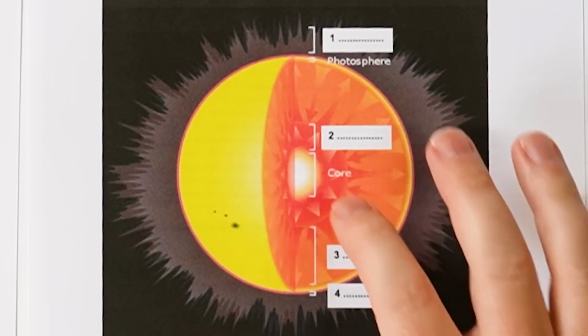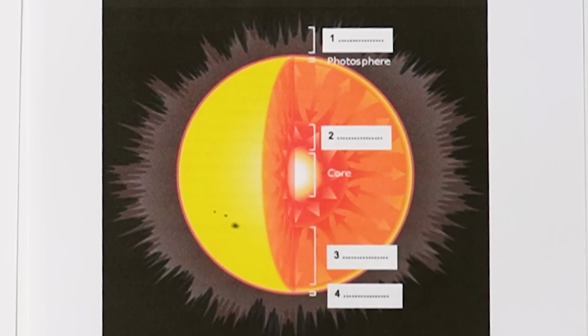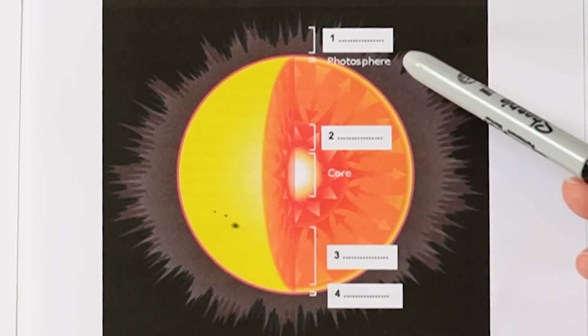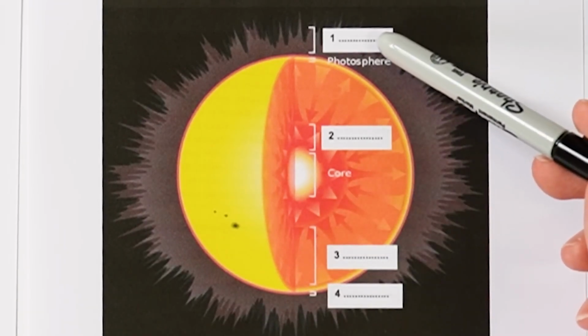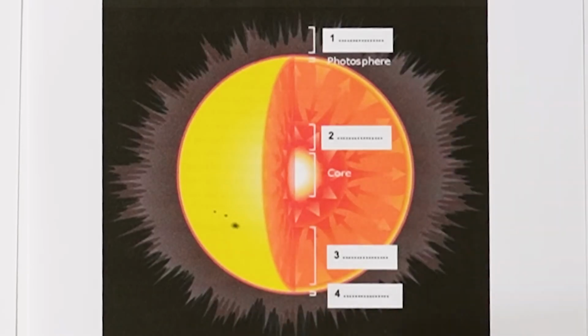But what I would be thinking when I'm doing this is they're going to say next to the core or after the core or something like that. Number 1 is probably not going to be the actual structure of the sun, but this kind of thing coming off the sun. You can't really take any knowledge that you already have, but I'm going to assume that this is radiation of some kind.